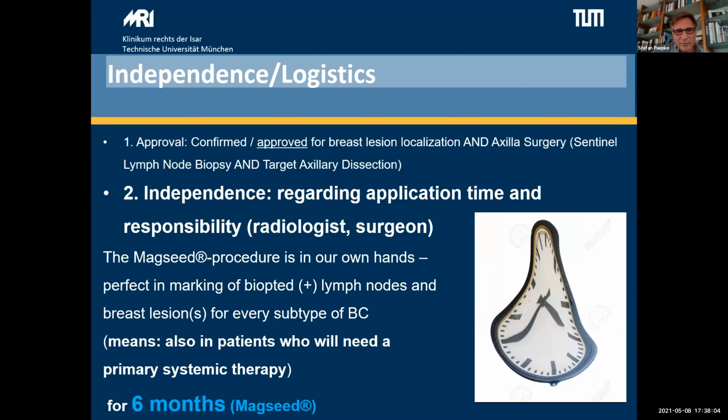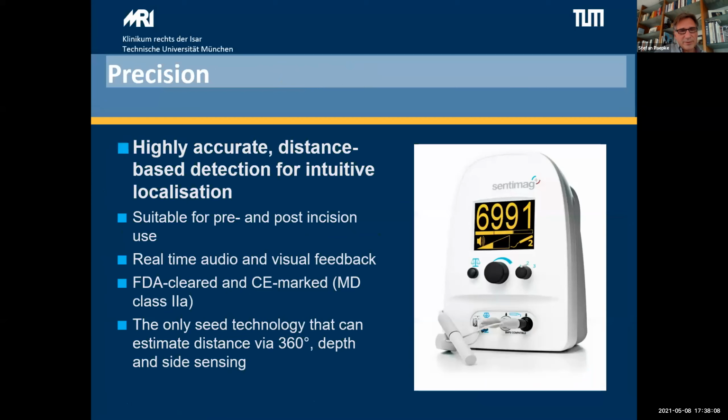You have 6 months for the MARI technique. You have 7 days for the Magtrace technique. You are with the Sentimag probe very focused and highly accurate. It is a distance-based detection.